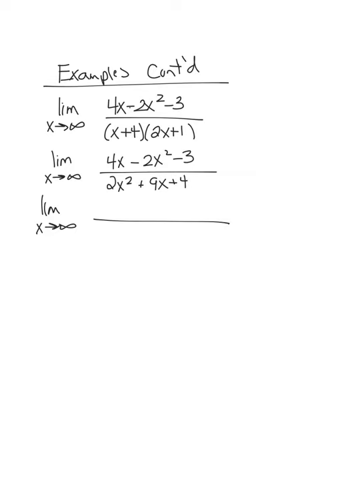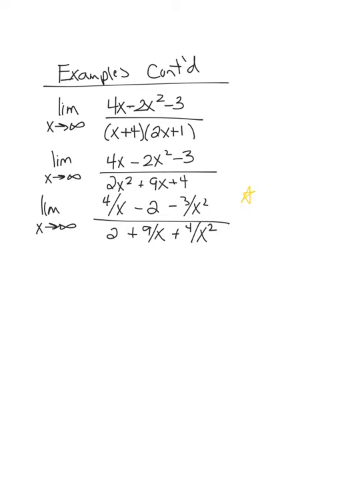I have 4x divided by x squared, so that's a 4 over x, minus 2 minus 3 over x squared, divided by, I've got 2x squared over x squared, so just a 2, plus 9 over x plus 4 over x squared. So again, if you want to show the line where you divide each term by x squared, you would fit that in right there.